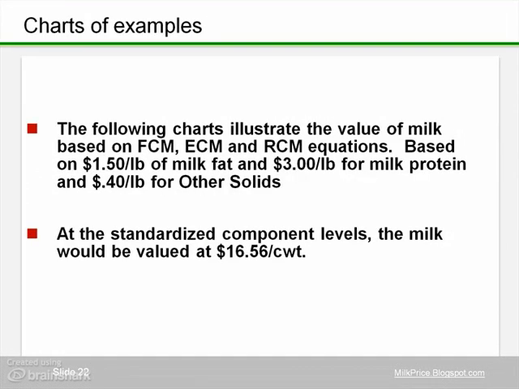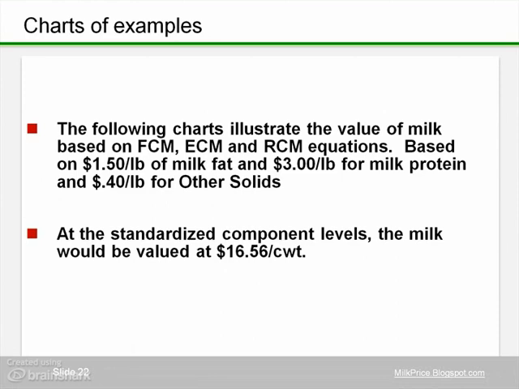The charts that follow this slide illustrate the value of milk based on fat-corrected milk, energy-corrected milk, and revenue-corrected milk equations. They are based on $1.50 per pound for milk fat, $3 per pound for milk protein, and 40 cents per pound for other solids.